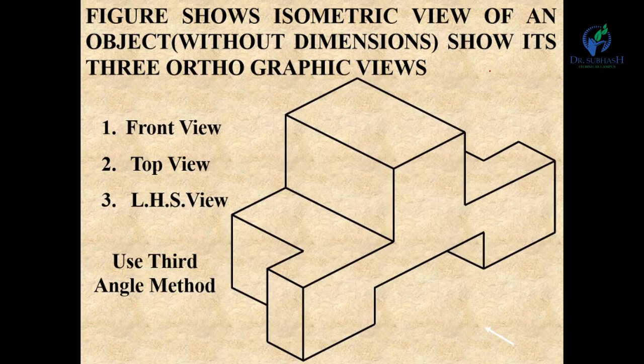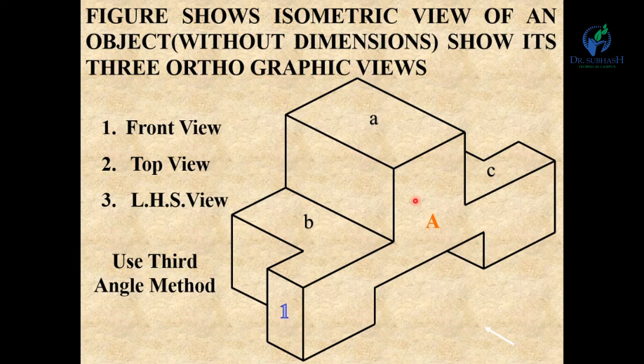Now you can see this is our object. This arrow shows the direction of the observer for the front view. So you can see this portion A in the front view, portions a, b, c in the top view, and this portion 1 in the side view.